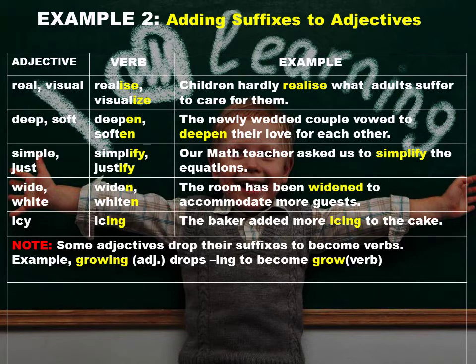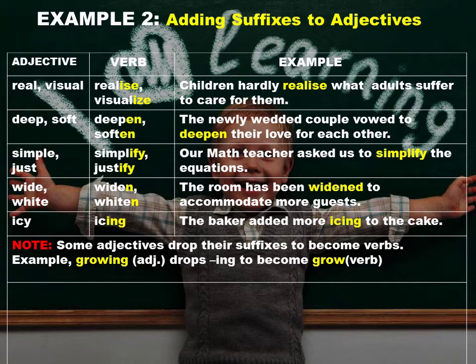Growing, one will be thinking, isn't it a verb? Yes, it's a verb. Of course, it's a verb in the progressive tense. But then growing can also become an adjective. For example, I can say growing plants. Growing there is describing a plant.